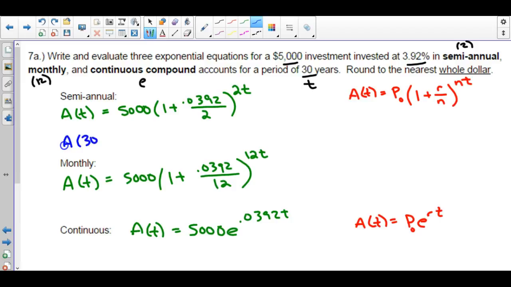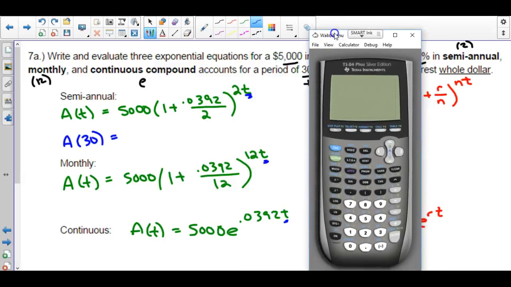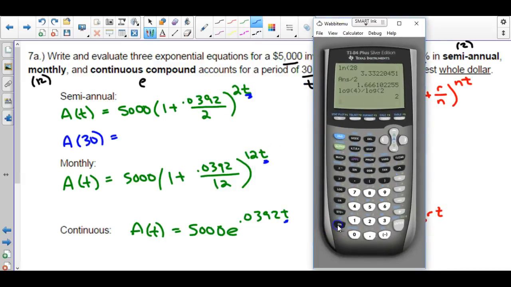So what I'm going to do is evaluate these 3 expressions now for a value of 30. So A of 30, and I'm going to go to the calculator, and what I'm really doing is substituting 30 in for these t values. I'll show you the first one, and if you have the newer operating system on a calculator, this will look really smooth, just like this fraction here will. So I'm going to type in 5,000 parenthesis 1 plus, and now this is what I'm talking about.